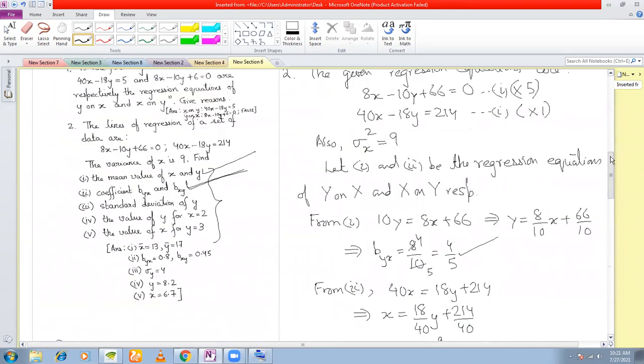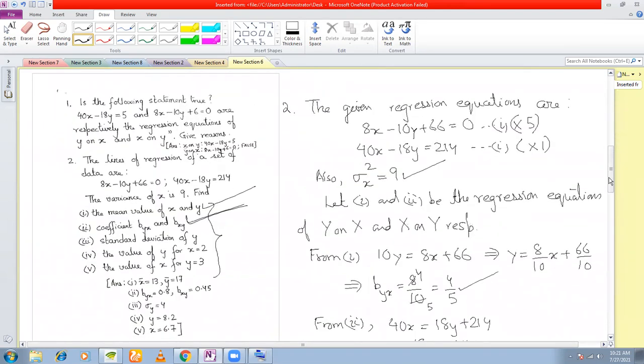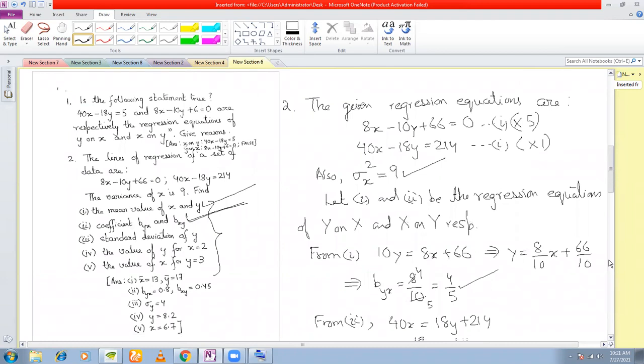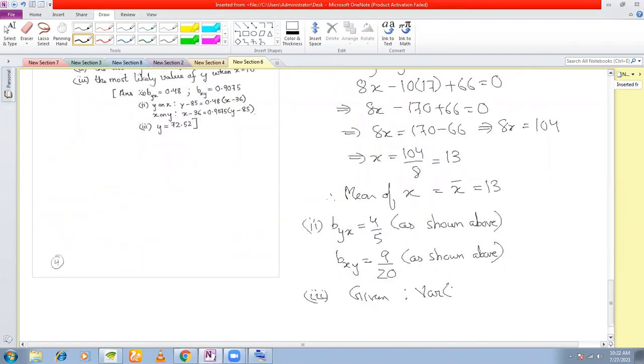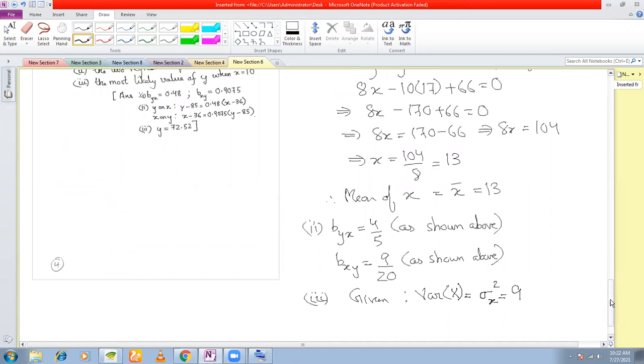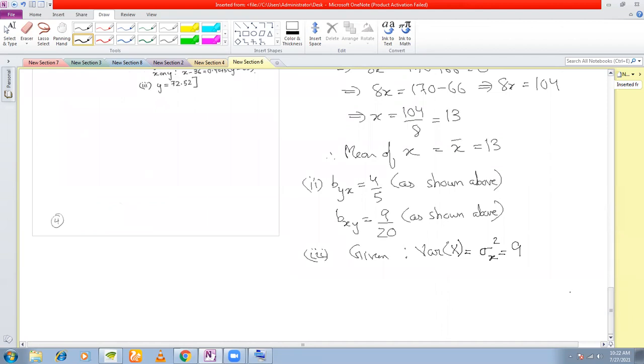Yes, variance of x is given to you, sigma x square. It is given to be 9. Okay, we need to find out the standard deviation of y.